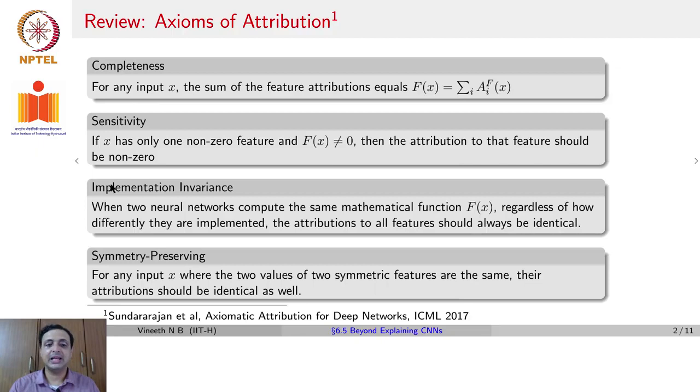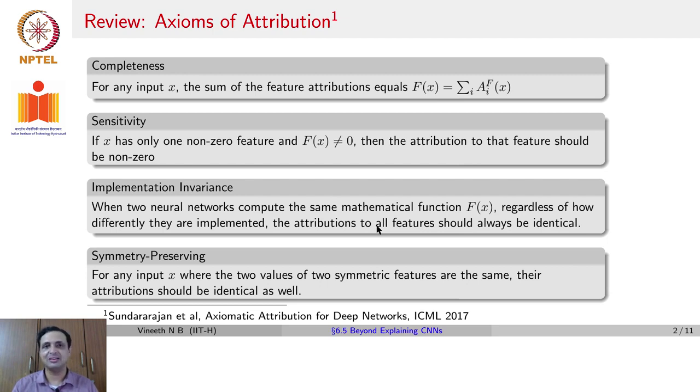Another axiom is implementation invariance. When you have two neural networks that compute the same mathematical function f of x, regardless of how differently they are implemented, the attributions to all features should always be identical. So let's assume that you had two neural networks, one 3-layer and one 2-layer, but it happens at the end that they exactly give the same output for every input that you can give.